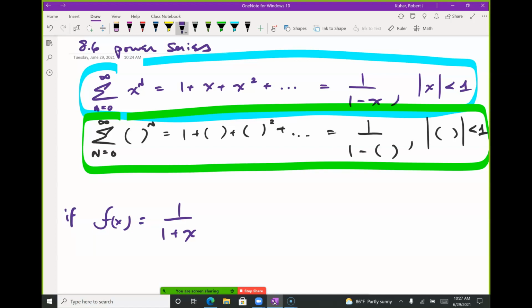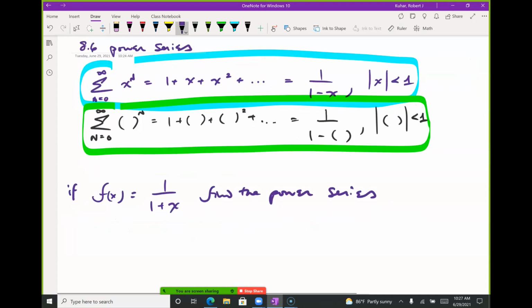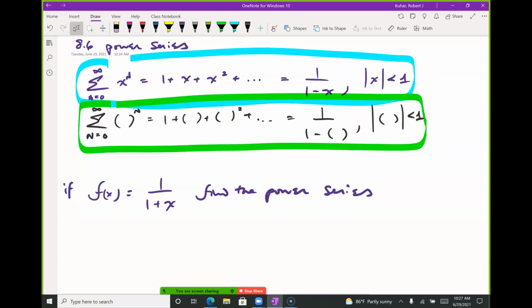Now, we have no problem integrating this as it is, but we're going to have a problem in a second when I do the next example. So we're starting with something that we don't need to do this with, and then we'll be able to do it with something that we must do it with. We do this all the time in math, right?